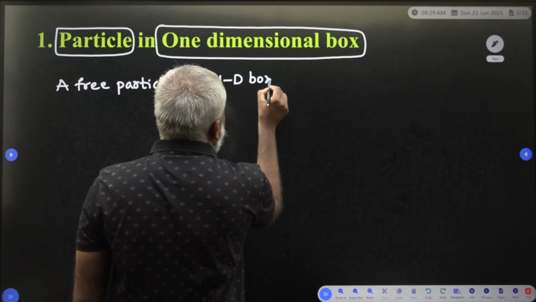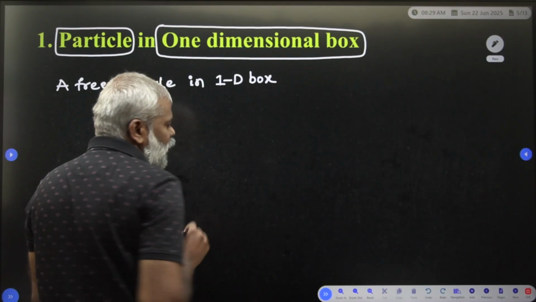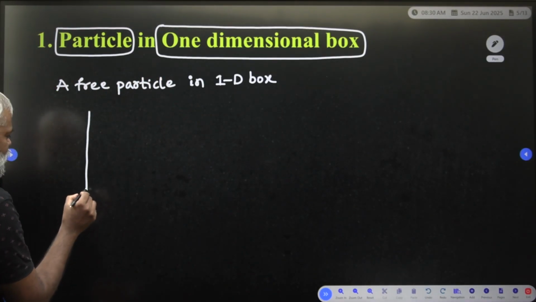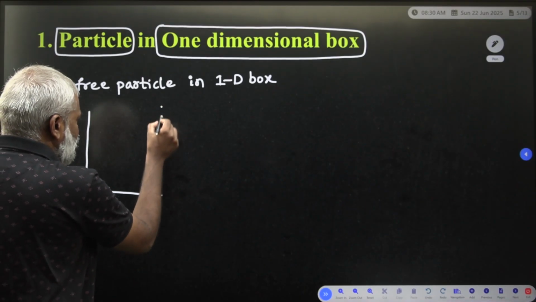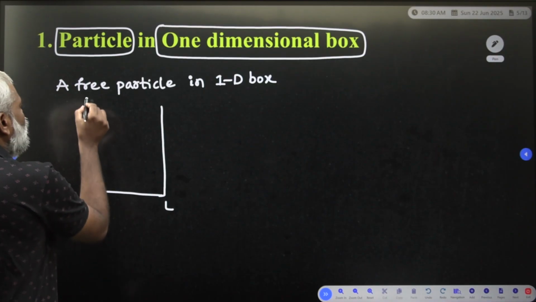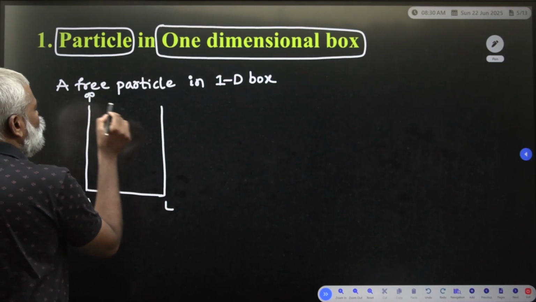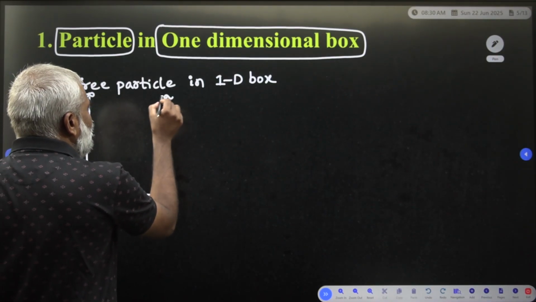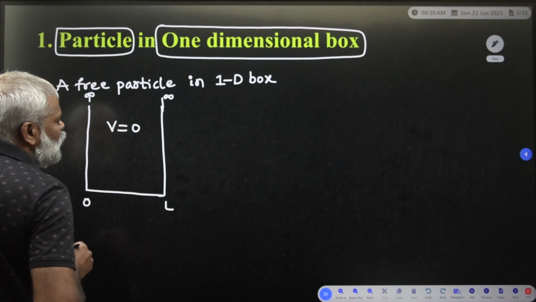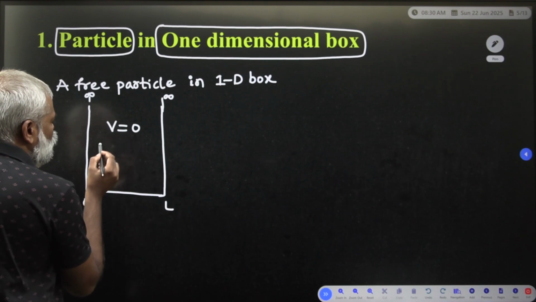You have to write: a free particle in a 1D box. So there is a free particle. The box length is 0 to L, and the box height is infinite. That particle is a free particle, so the potential energy is equal to 0.